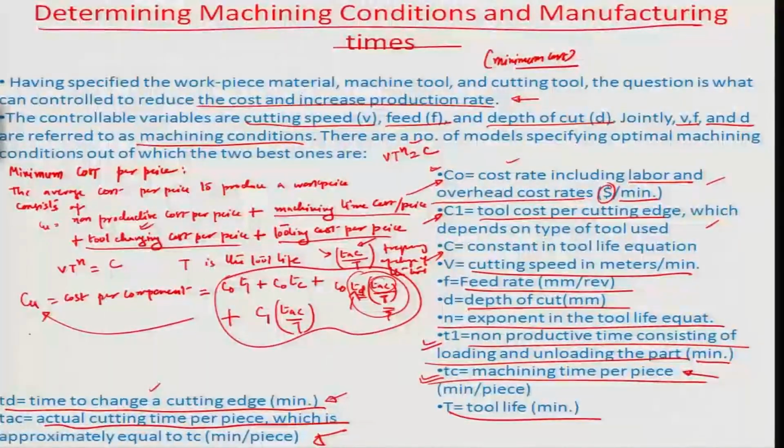Now, let us try to see what is the optimum solution, so that the tool life probably can change accordingly and the overall cost can come down for certain conditions of machining.